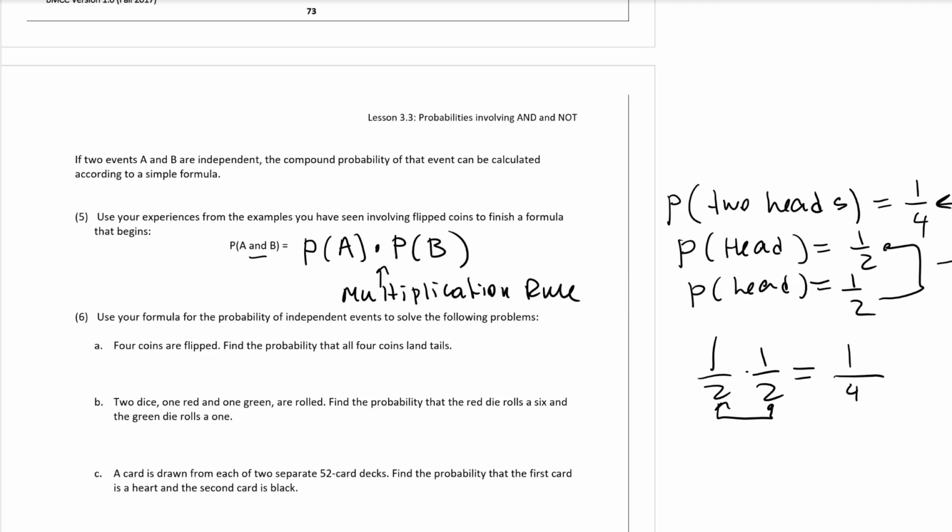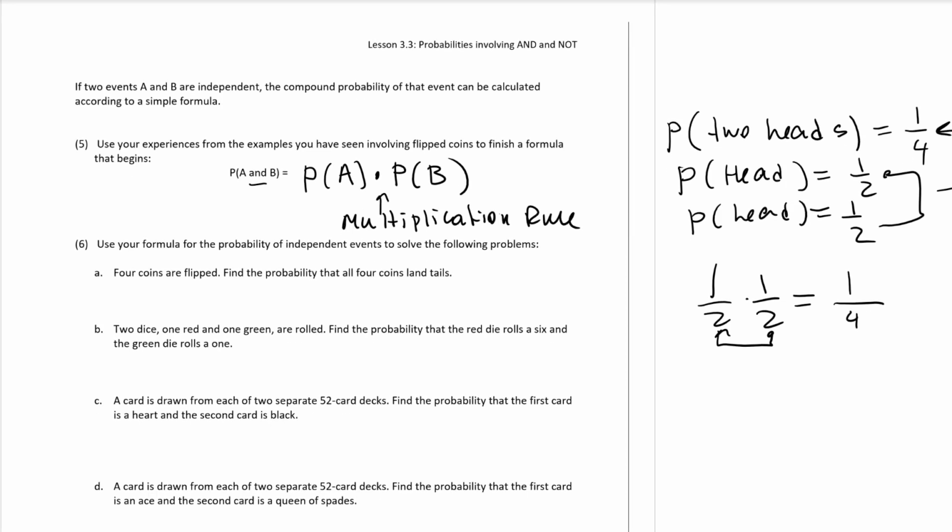So check this out. Let's do one together, and then I'll give you a moment to do the other ones. So 4 coins are flipped. Find the probability that all 4 coins land tails. So the probability that you got T and T and T and another T. All right, we already said many times that the probability that one coin is heads or tails does not influence the probability that the other one is heads or tails.